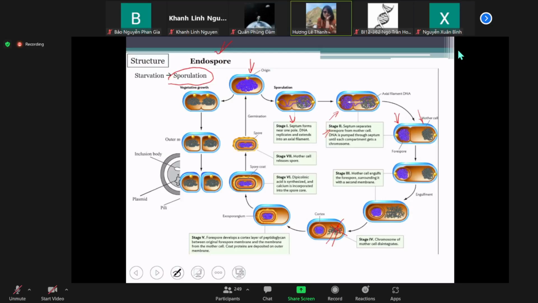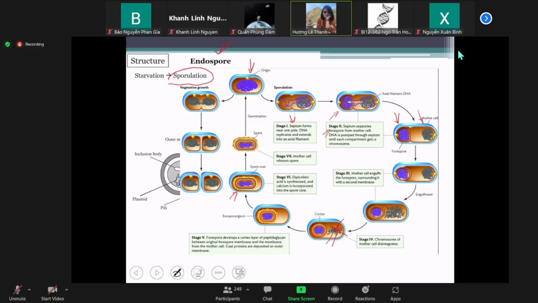And the forespore develops a cortex layer of peptidoglycans between the original spore membranes and the membrane formed from the mother cell. Coat proteins are deposited on the outer membranes. And in the next step, dipicolinic acid is synthesized and calcium is incorporated into the spore core.